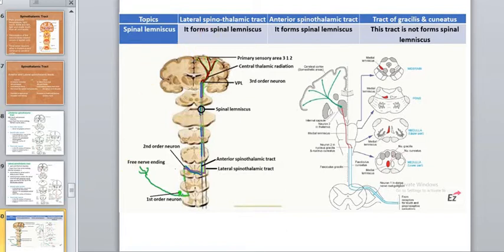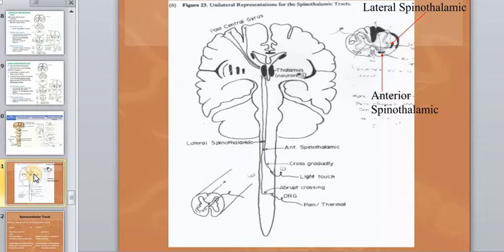So, and next one, what I want to say is that these tracts, unlike the previous ones, form a crossing to the opposite sides in total. The following tracts are the spinocerebellar tracts. Cerebellum, it's the previous one.